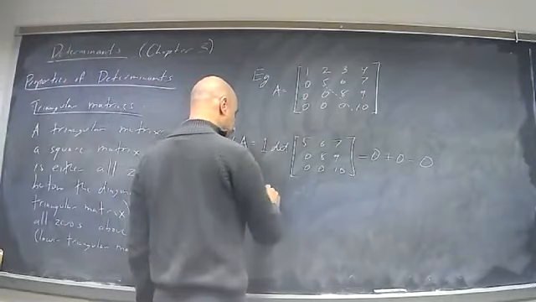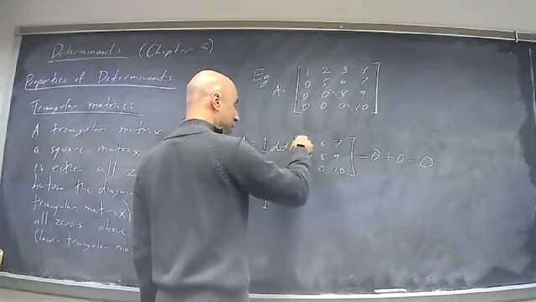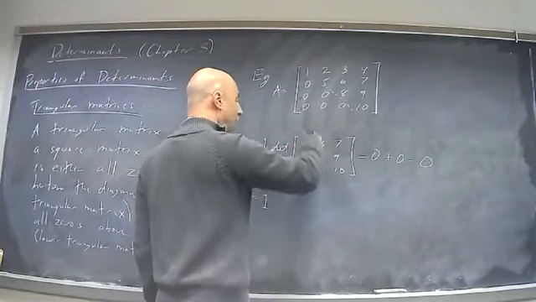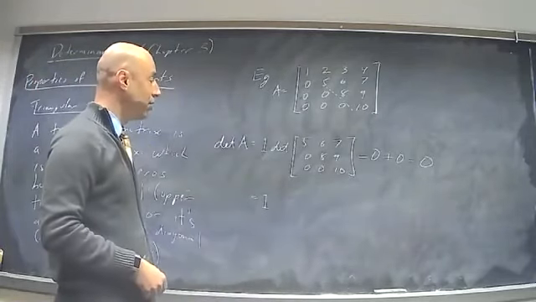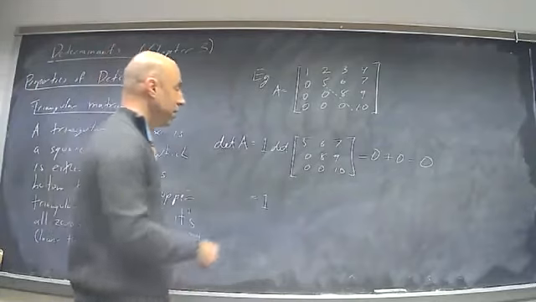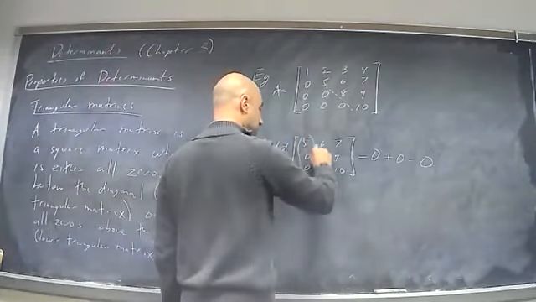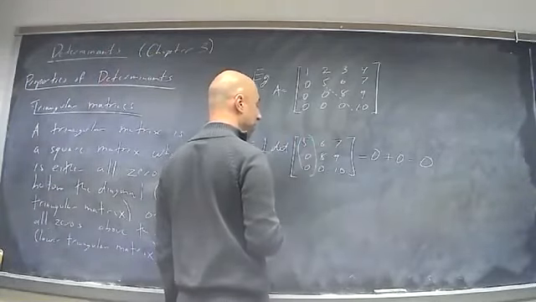So it's 1 times, now let's take the determinant of this matrix. I'll go down the first column again because there's a lot of zeros.